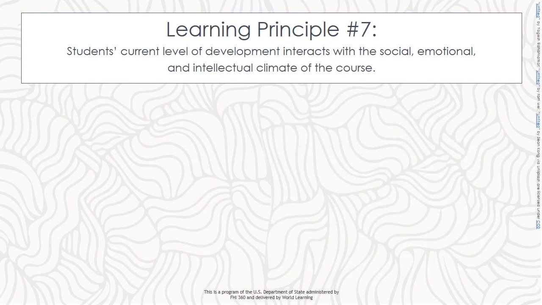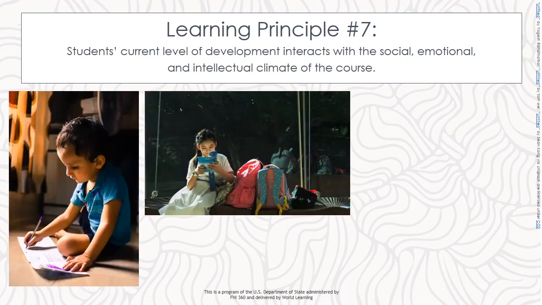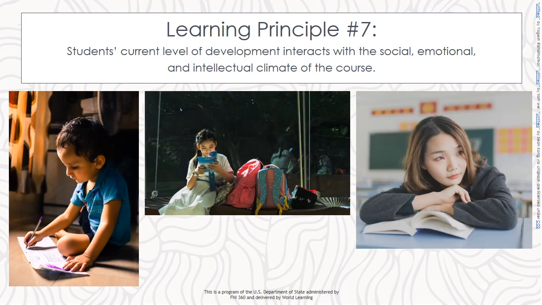Learning principle number 7. Students' current level of development interacts with the social, emotional, and intellectual climate of the course. We must ensure that our lessons are appropriate for the developmental phase of our students, as well as their social and emotional needs.